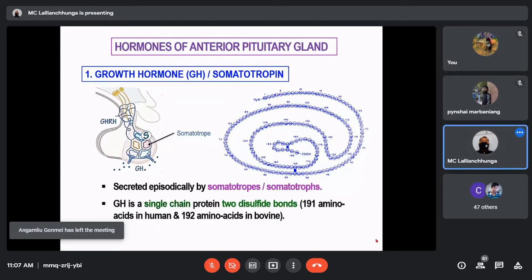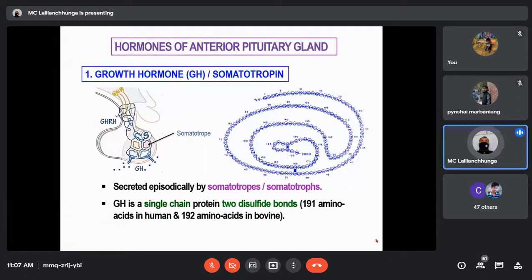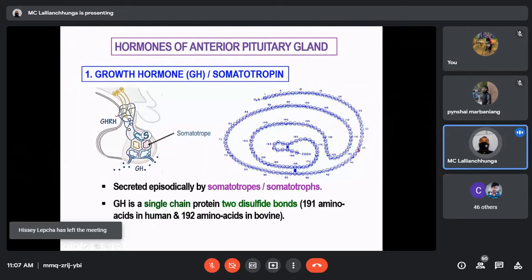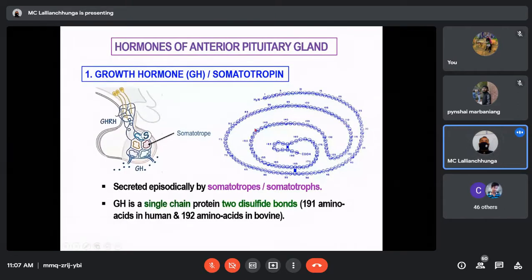As you can see from the diagram on the right side, the structure of this hormone is depicted here. It is a single chain protein hormone, and there are two disulfide bonds.